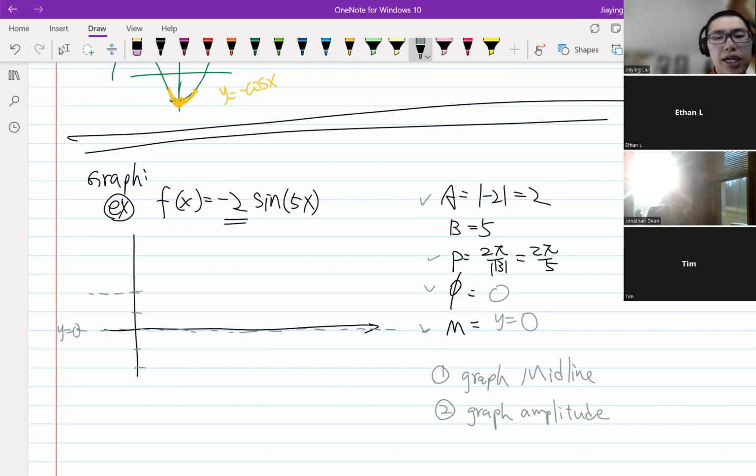So I'm going to draw a dotted line corresponding to the maximum when we go up 2 units. So that's at 2. And we're going to draw another dotted line when we go 2 units below the midline, -2. Those 3 dotted lines basically tell me where the graph is going to be. It's going to be sandwiched between the top and bottom line.